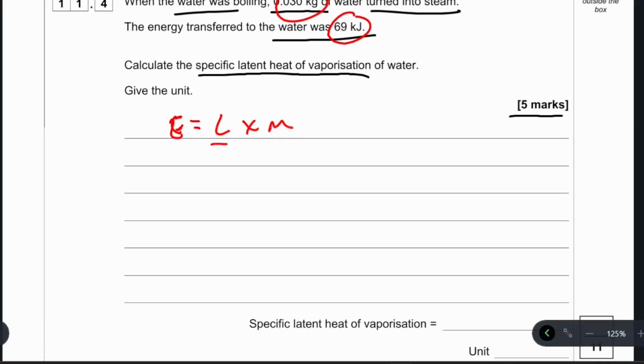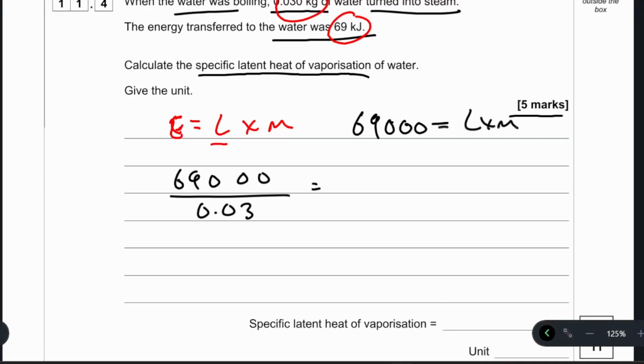The energy was 69 kilojoules, so we'll convert this into joules to have everything in standard units. So 69,000 joules is equal to L multiplied by m. So 69,000 divided by m of 0.03 kilograms will give us the specific latent heat L, which gives us 2,300,000.